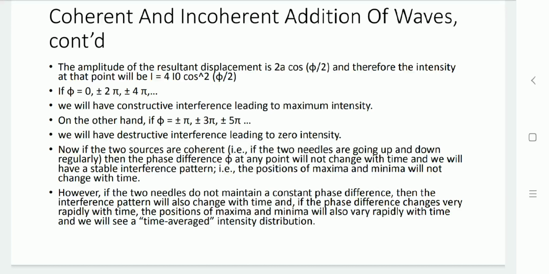It will give you a stable interference pattern, with maxima and minima that do not change with time. But if a constant phase difference is not there, then the interference pattern will change with time. If the phase difference changes rapidly, then the positions of maxima and minima also change with time.